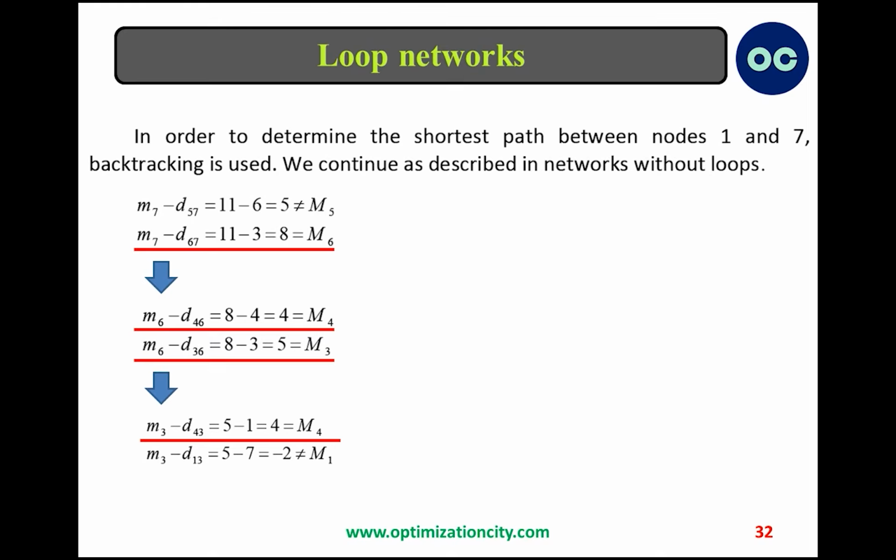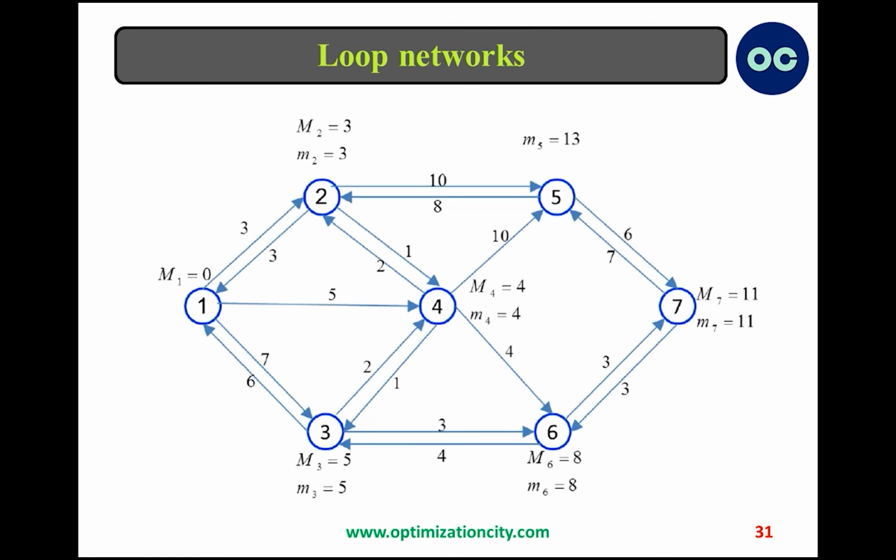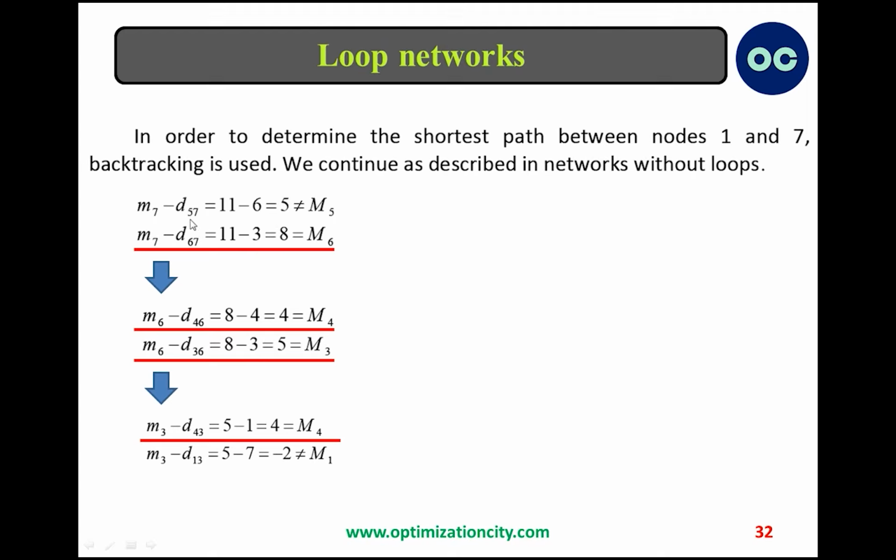We start by examining the arcs and nodes along the shortest path. Arc 5, 7 is not on the shortest path because M5 is not equal to 5. There is no M5 because we do not have a permanent code for node 5. As a result, arc 5, 7 is not on the shortest path.